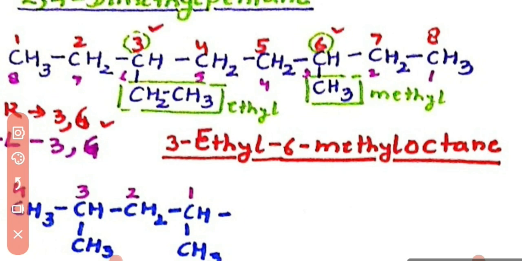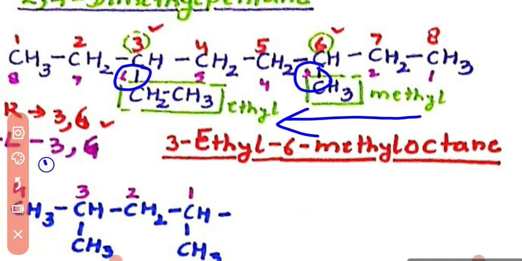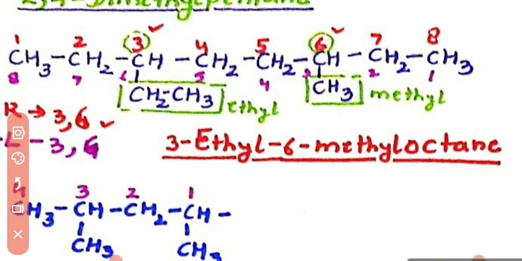Whereas if we number the carbon atoms from right towards left, then again the positions of the locants are 3 and 6. Here the locants remain the same. In that case you cannot decide whether the preferred numbering will be from right towards left or from left towards right.